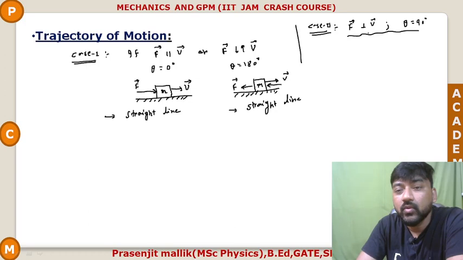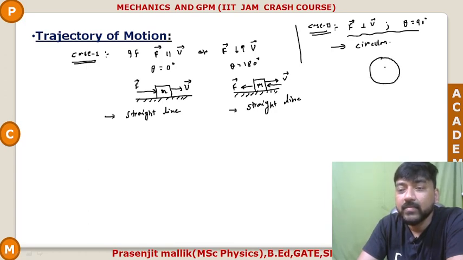So what kind of motion can you get here? There will always be circular motion. The trajectory of the motion will always be circular, because you know in circular motion only this is happening. If we have a circular motion, then the direction of the velocity is always along the tangent, and the force required to move this particle along this line is the centripetal force, acting towards the center.